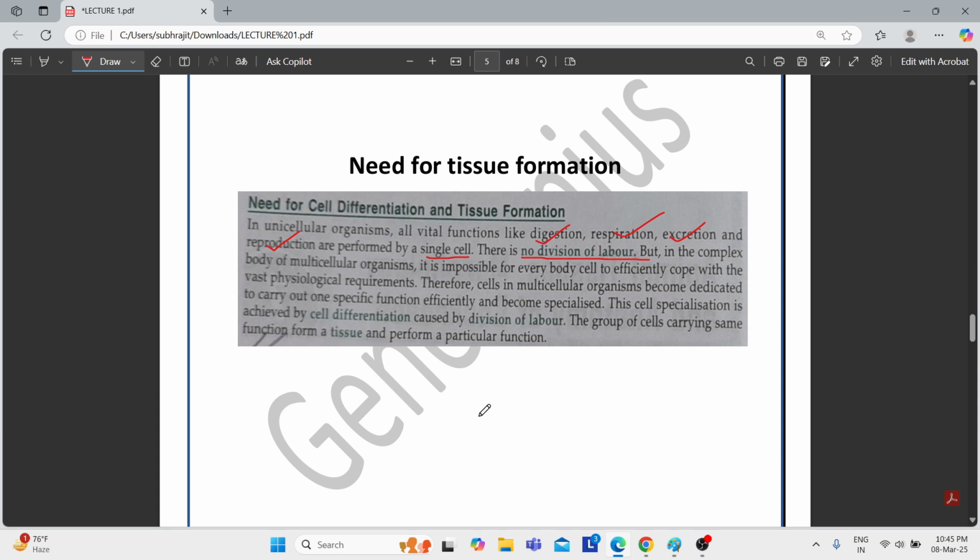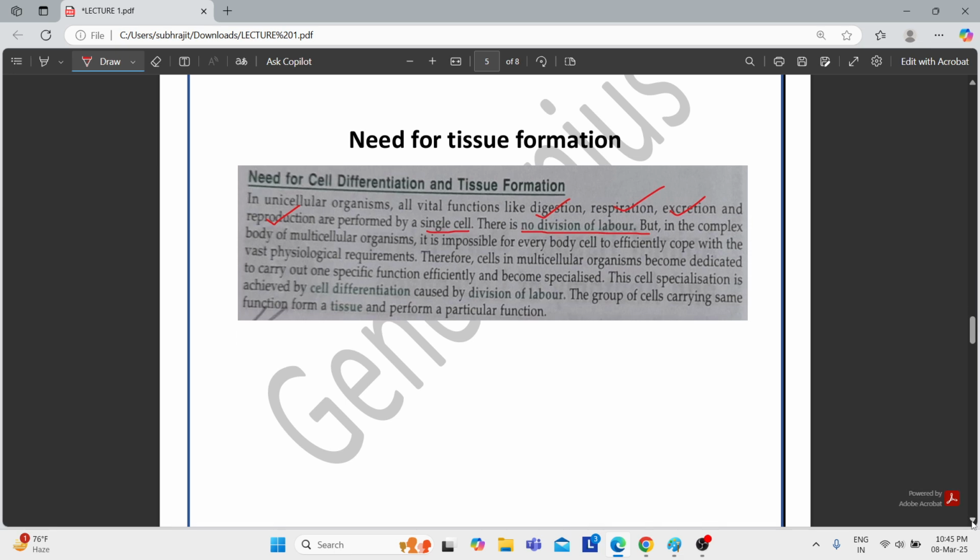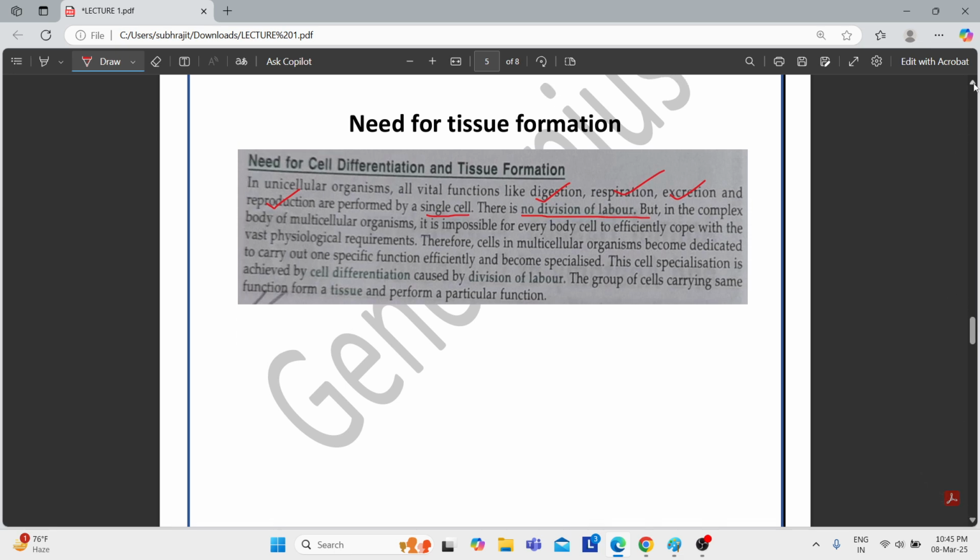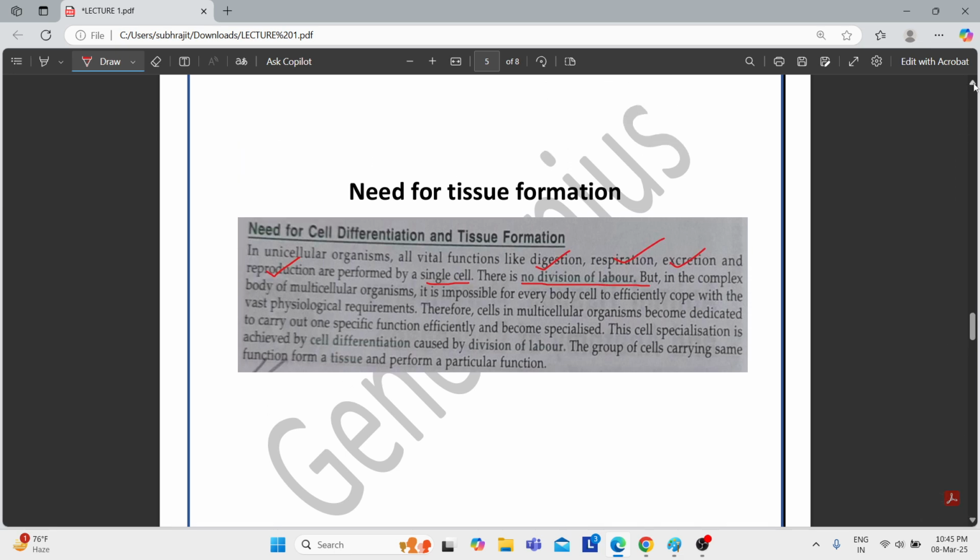There are various kinds of responsibilities, and it is not possible for one person to carry out all of them. So these responsibilities are divided among various people, so that the workload decreases and the work becomes easier. This is division of labor.